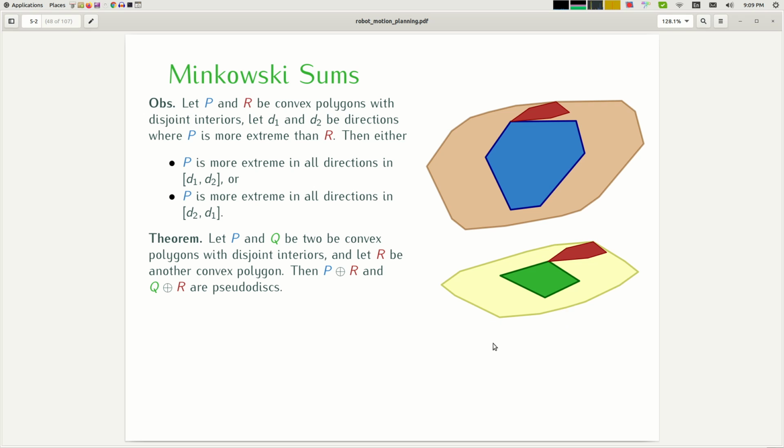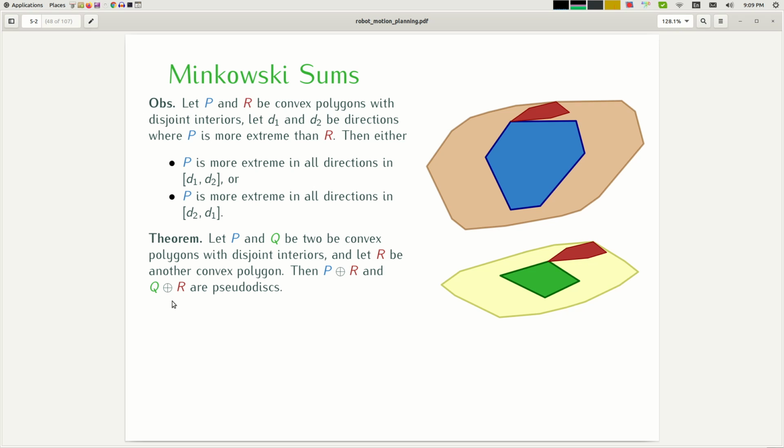And having that, we are now ready to prove one of the main things that we want to prove here, and that is if you have two convex polygons P and Q that are disjoint, so let's say a red one and a blue one, and then you Minkowski sum them with the same convex polygon R, so you get P Minkowski sum R and Q Minkowski sum R, then the summations are pseudodisks.